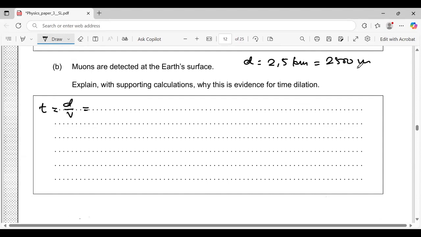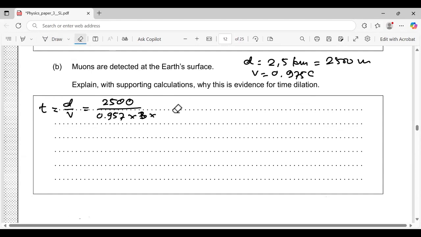And the speed of muons is 0.975c, based on the information in part A. So it's going to be 2,500 over 0.975 times 3 times 10 power 8.